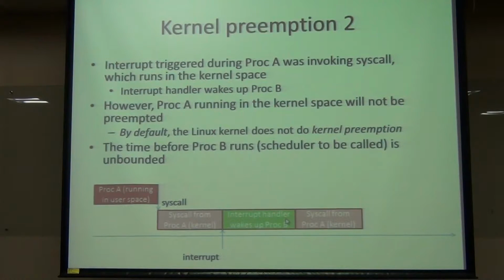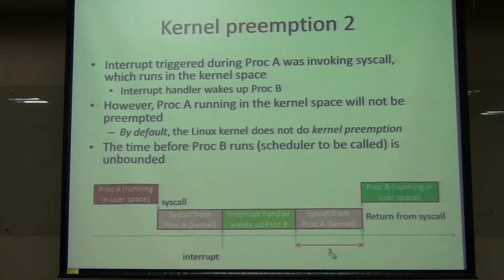If it is configured for kernel preemption, then your syscall stops right here and the interrupt handling proceeds. So this much is the delay for the process in this case.